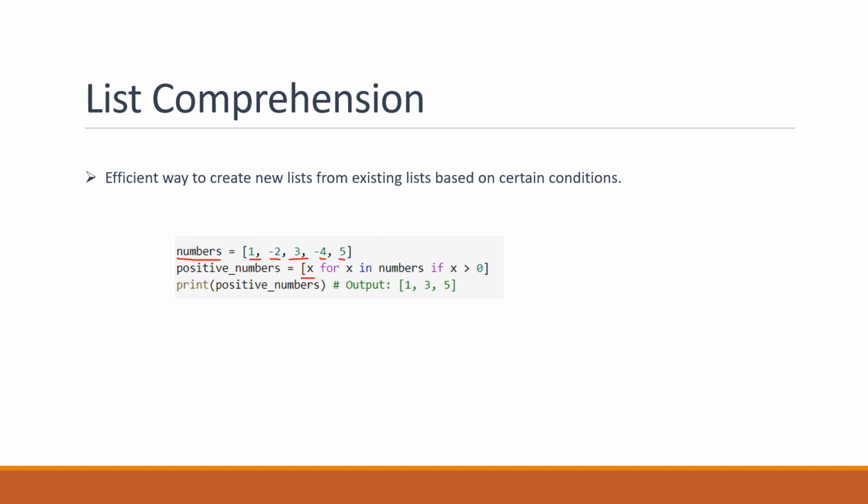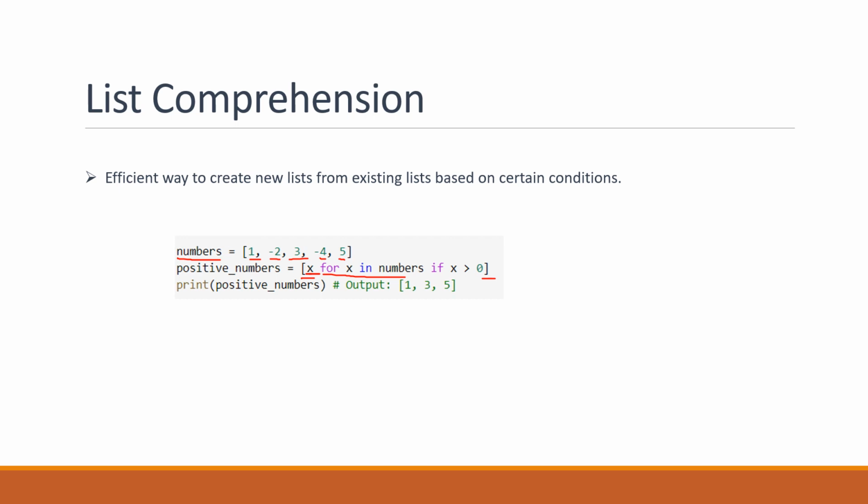Inside this list we can do a for loop to iterate over all numbers in the list, so for x in numbers. Then inside the for loop there is an if statement: if x greater than 0, we will save the x value in the list.